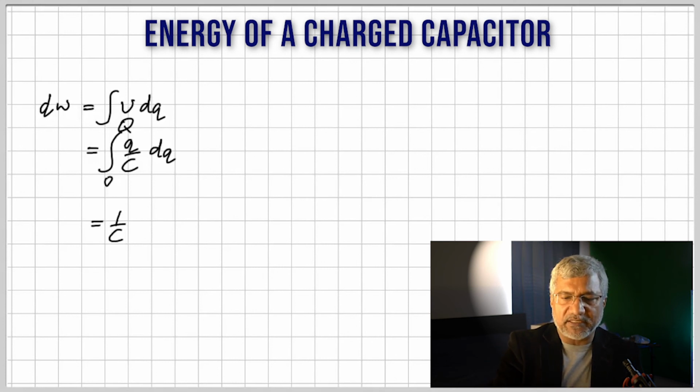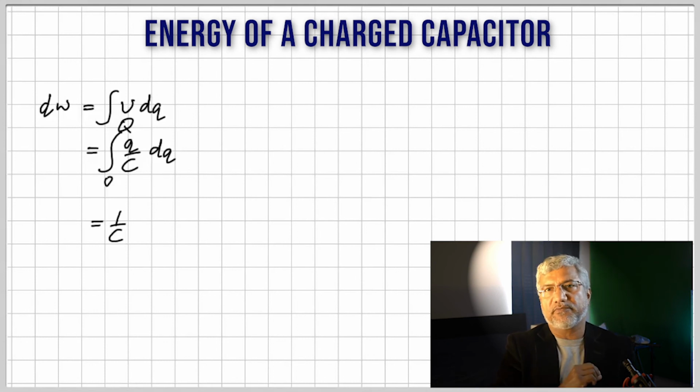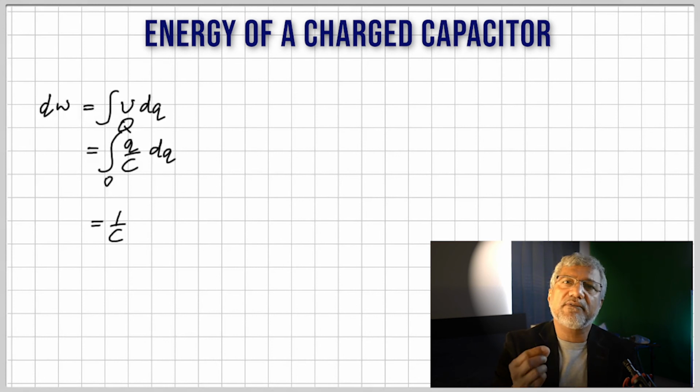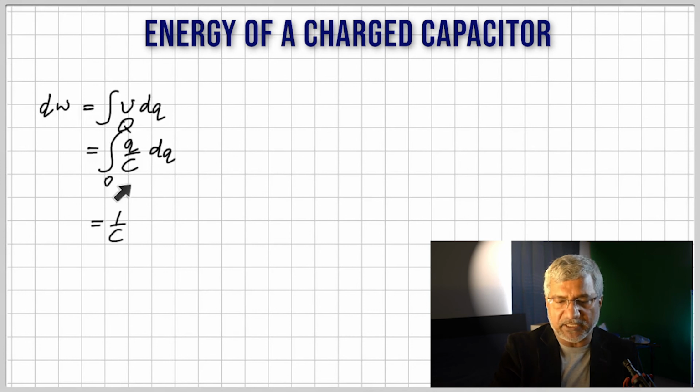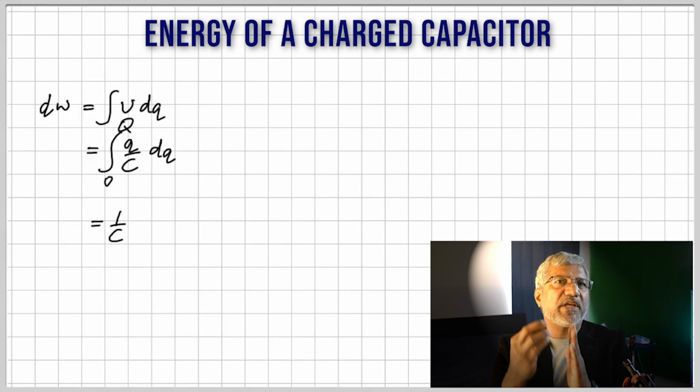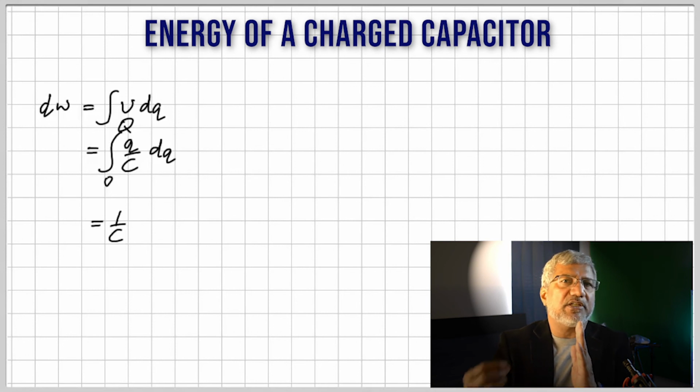So integral V dq gives the small amount of work that you need to do. In fact, it gives you the total, because when you integrate, it gives you the total work. And then we substitute for the voltage as Q by C, where Q is the charge already on the capacitor plates, and then we wanted to add an additional dq. Okay, so Q by C is what voltage is.